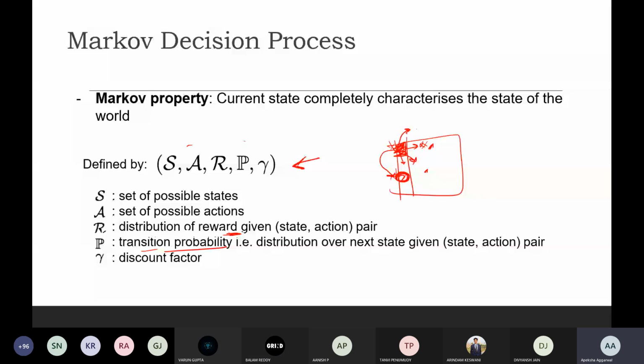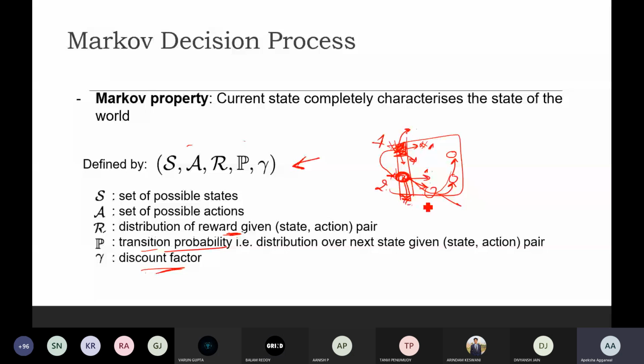Discount is this: in the future, from this state it will move to some other state, then to some other state, and then to another. So there are multiple states. The discount decides the reward that we are going to consider. Suppose it is moving from position 1 to position 2, and it can move from here to here, and there are three possibilities where it can move.